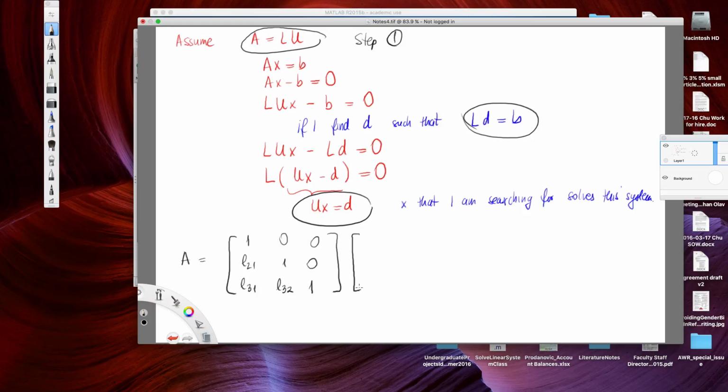And let's say I had that upper triangular, I'm going to do it a little more generally: U1,1, U1,2, U1,3, 0, U2,2, U2,3, 0, 0, U3,3. So this is my A.